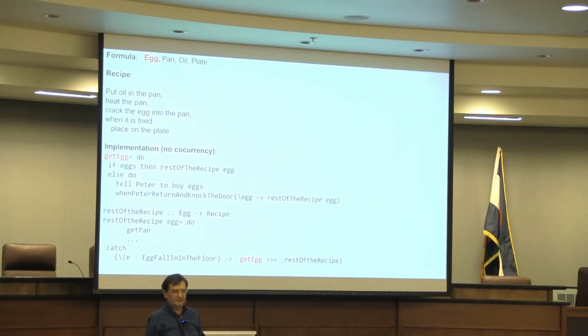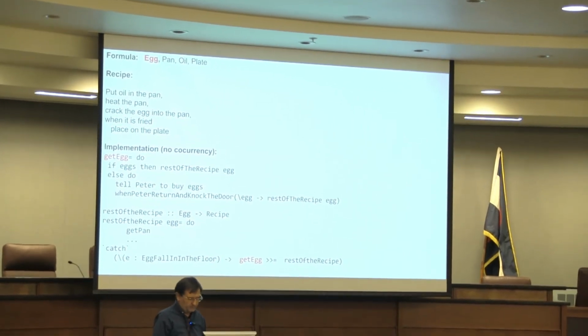make it happen. So we suppose that Peter is a robot controlled by a framework, and we tell Peter to buy eggs. So we need a callback, for example, to tell the framework what to do when the egg is available.